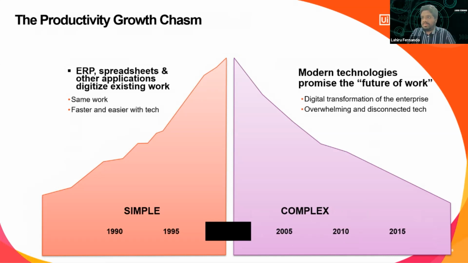Over time, we have been doing so many repetitive things, and these applications helped us to do things faster and easier. That included spreadsheets, Excel, ERP, all the things that we have. But as I mentioned, because we always had to be there to interact with these applications, and now there are so many applications, we still need to do the same repetitive things in a different way.